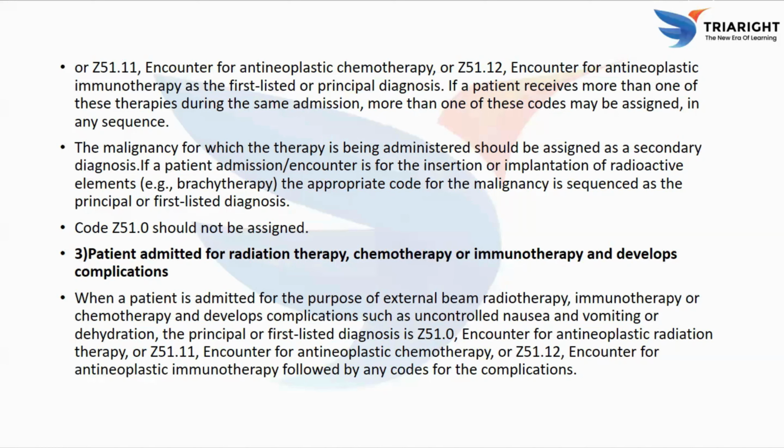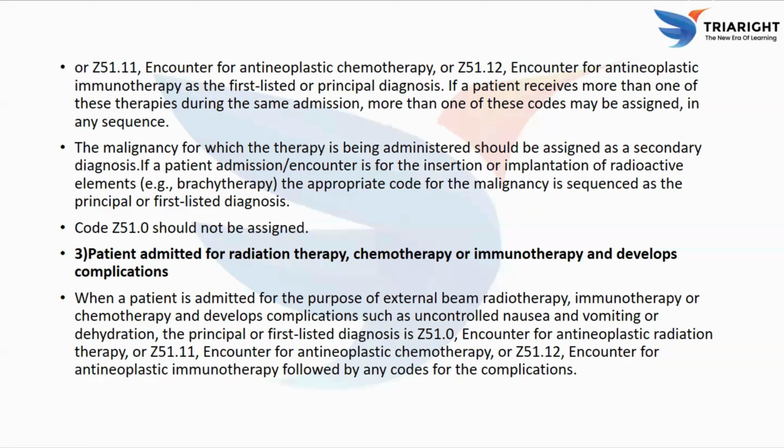And the patient is admitted for therapy and develops complications. What will be the common complications? Uncontrolled nausea and vomiting, dehydration, electrolyte imbalance, anemia due to chemotherapy. So what is the sequencing rule? Even if complications occur, you have to code Z51, which remains the principal diagnosis, and the complications are coded afterwards.